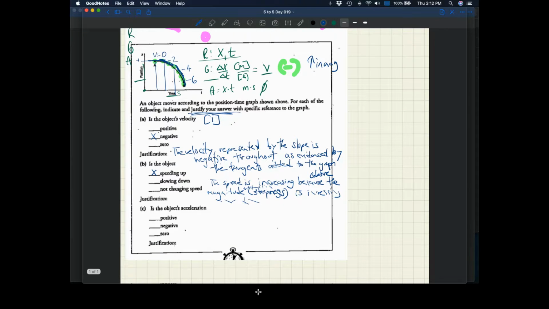Lastly, is the object's acceleration positive, negative, or zero? The direction of the acceleration is the direction of the force causing it, or the direction of increasing speed.